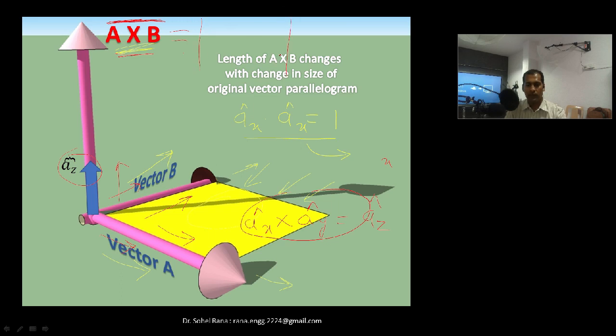First we take the directions, AX cap, AY cap and AZ cap. In the second line we consider the magnitudes of A, that is AX, AY and AZ. In the third line we consider the magnitudes of B, say BX, BY and BZ, right? So this is the solution method for the cross product. Like this we can solve the cross product. These basics we have to remember.